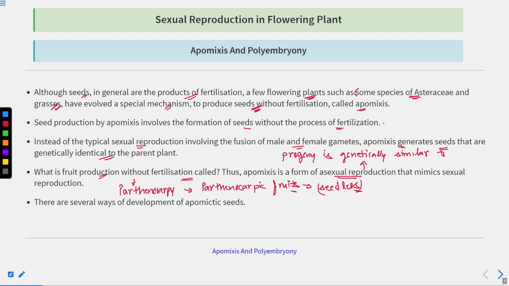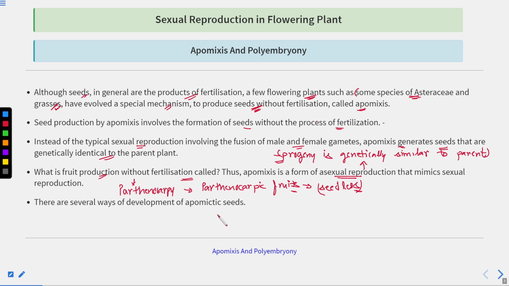Clear? So in apomixis also the same thing is happening. The seeds which are produced are genetically similar to the parent.